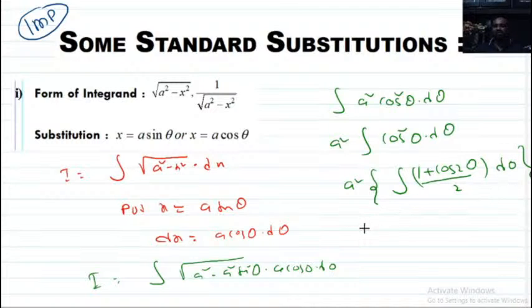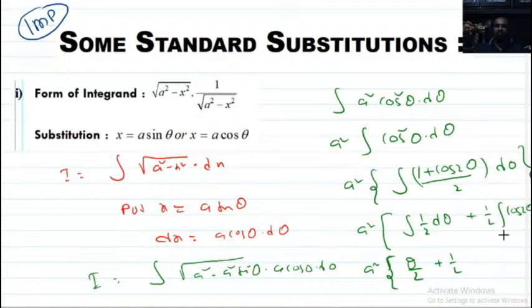So this is a square times integration of 1 by 2 d theta plus 1 by 2 integration of cos 2 theta d theta. So this is a square into theta by 2 plus 1 by 2 into sin 2 theta by 2.